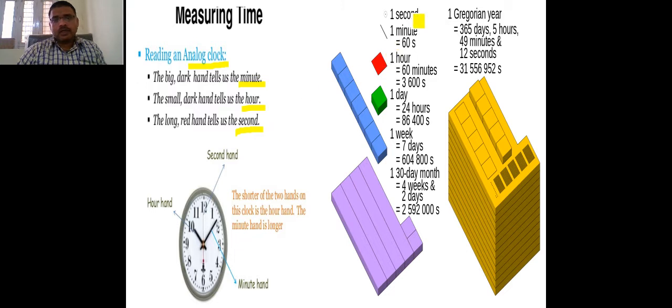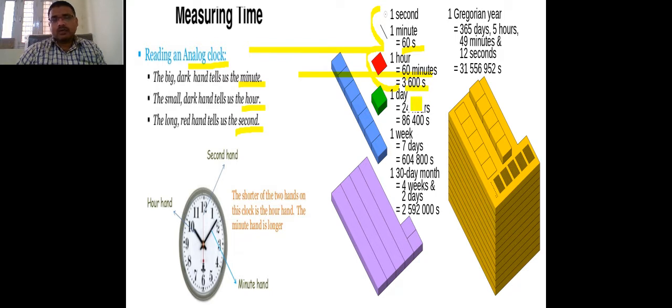And here, how minute is related to second, second to hour, hour to second, is given. I think you also know that 1 minute is equal to 60 seconds, 1 hour is equal to 60 minutes, and 60 minutes gets converted into 3600 seconds.